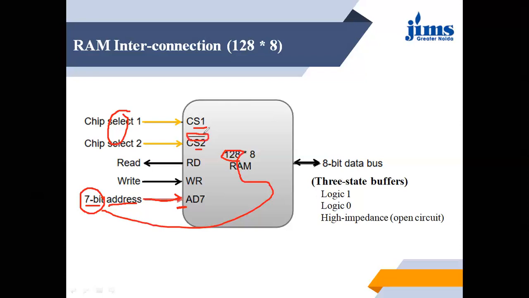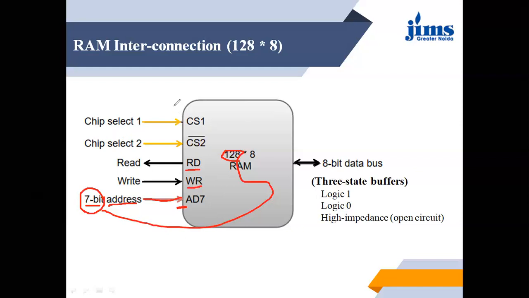But keep in mind that we are discussing only CS1, that is chip select line 1, and the complement of chip select line 2. So these two are also unidirectional and are used to select the operation we have to perform. Means we have to perform the read operation or the write operation.